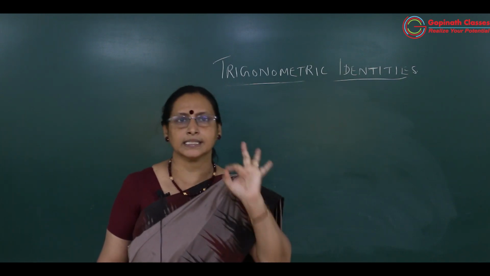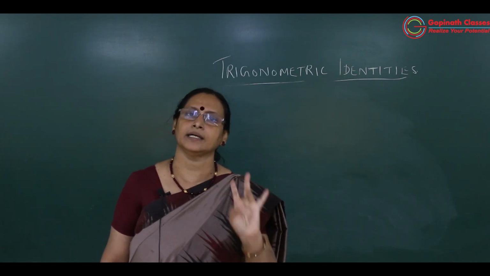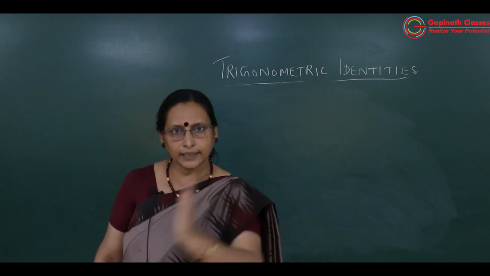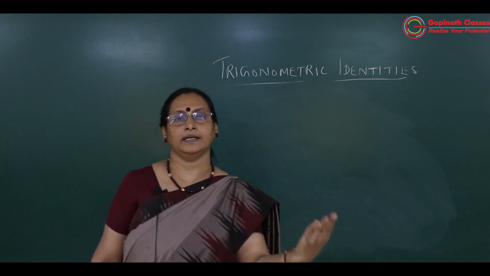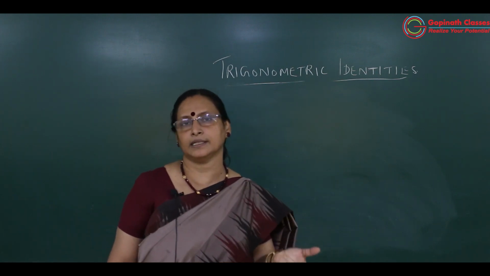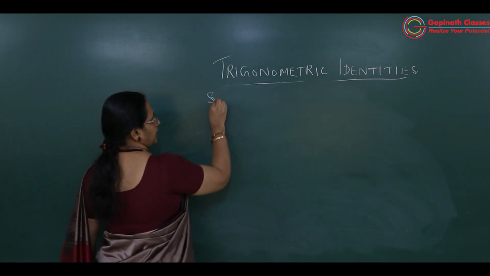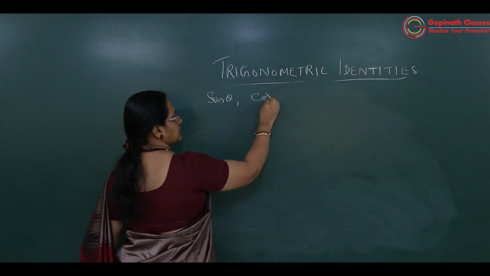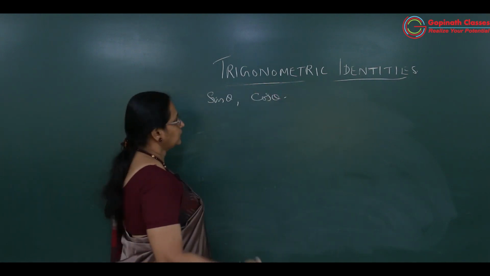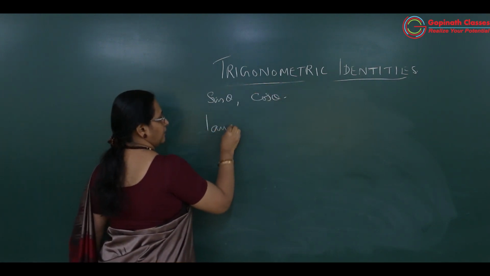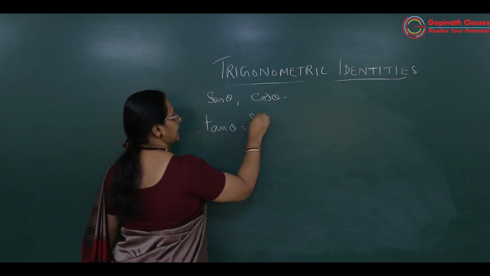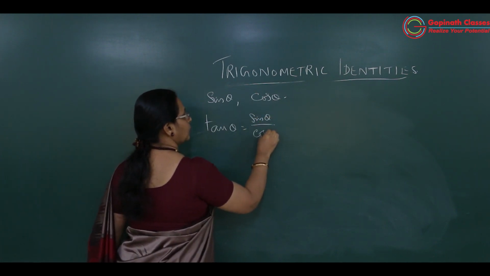Out of this, the simplest ones are sine theta and cos theta. All the other 4 ratios can be expressed in terms of sine theta and cos theta. For example, let me write sine theta and cos theta of an angle. Now the third comes tan theta, which is nothing but sine theta upon cos theta.